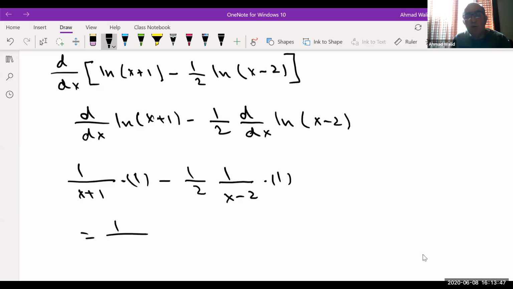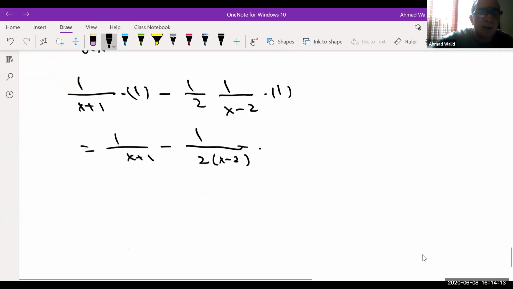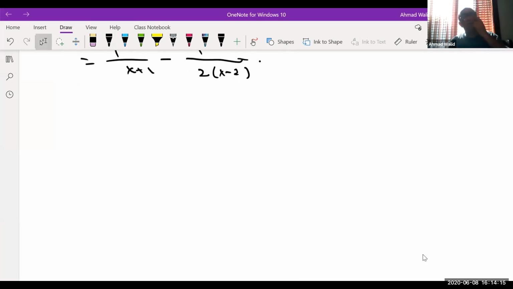It gives you 1 over x plus 1 minus 1 over 2 times x minus 2. You can keep your problem in this form, or you can simplify it as one single fraction. It doesn't matter. Even if you keep your answer in this form, that's the correct answer. These are like 3-4 examples for the first formula, which was the derivative of ln x.